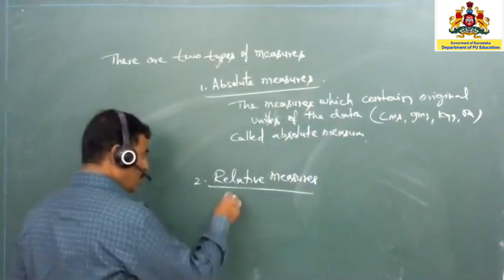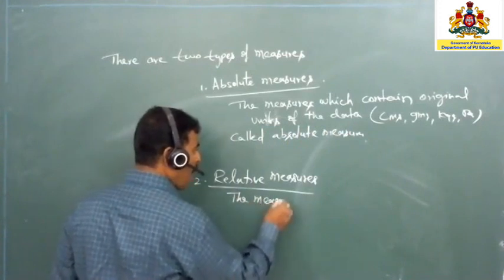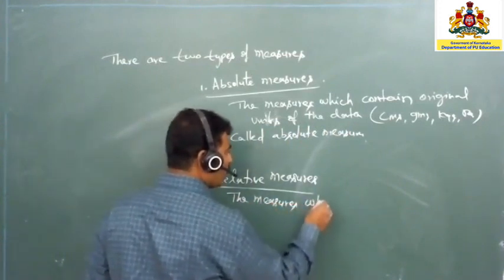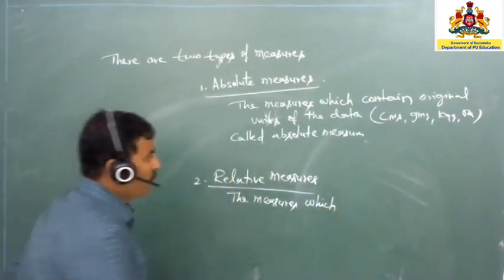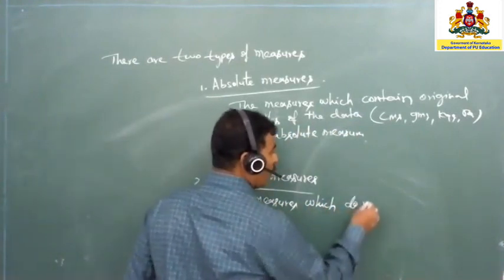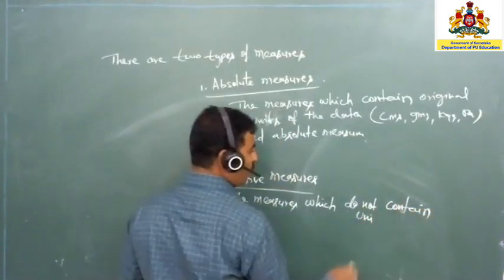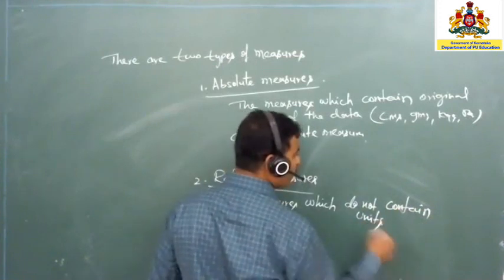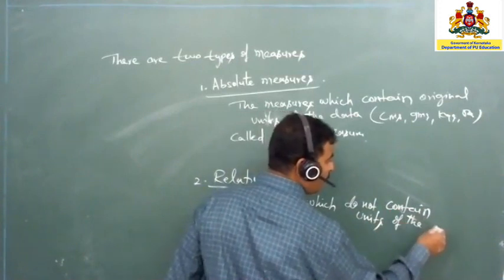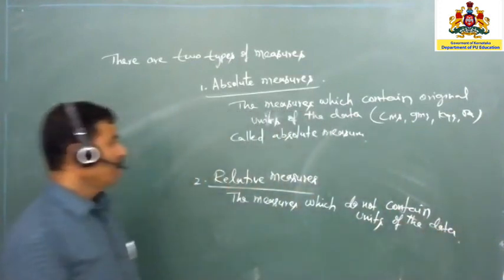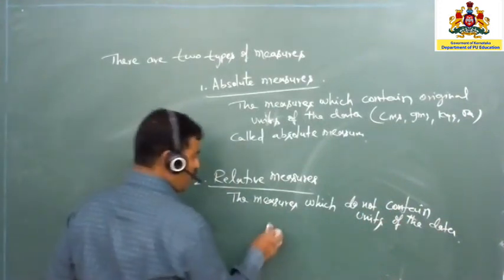Then relative measures. The measures which do not contain units of the data are called relative measures.